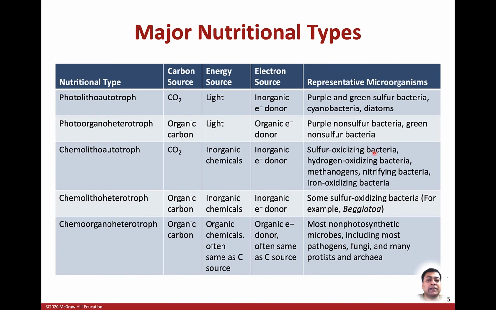So sulfur oxidizing bacteria, see that we use the word oxidizing, sulfur oxidizing bacteria, hydrogen oxidizing bacteria, methanogens, nitrifying bacteria, iron oxidizing bacteria. Let's take just one example. Think about ammonia. Ammonia is NH3, which is the reduced form.